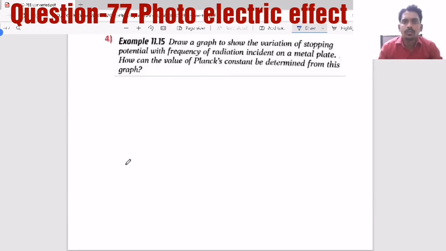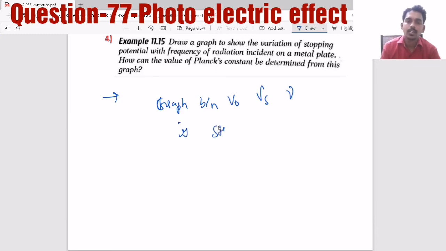Now draw a graph to show the variation of stopping potential with frequency of radiation incident on a metal plate. How can the value of Planck's constant be determined from this graph? So already we have done the graph between V naught versus frequency, which is a straight line, like y equal to mx minus c form.